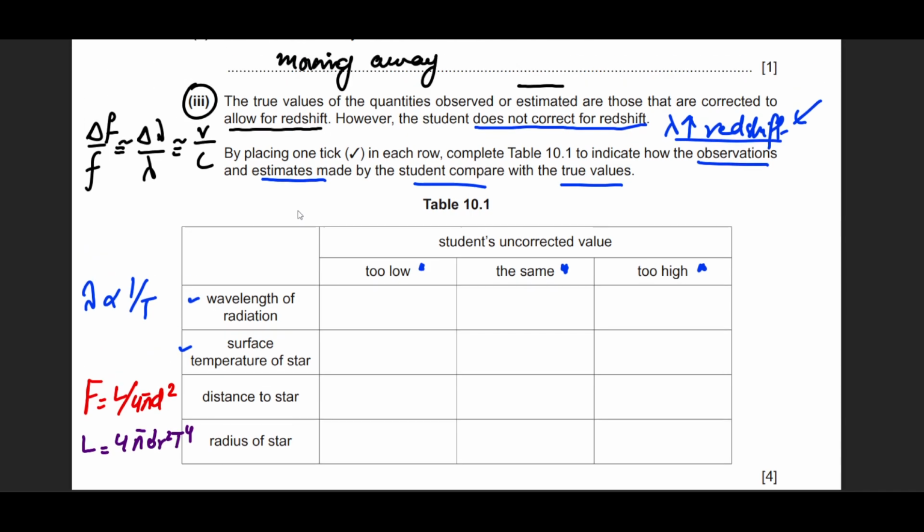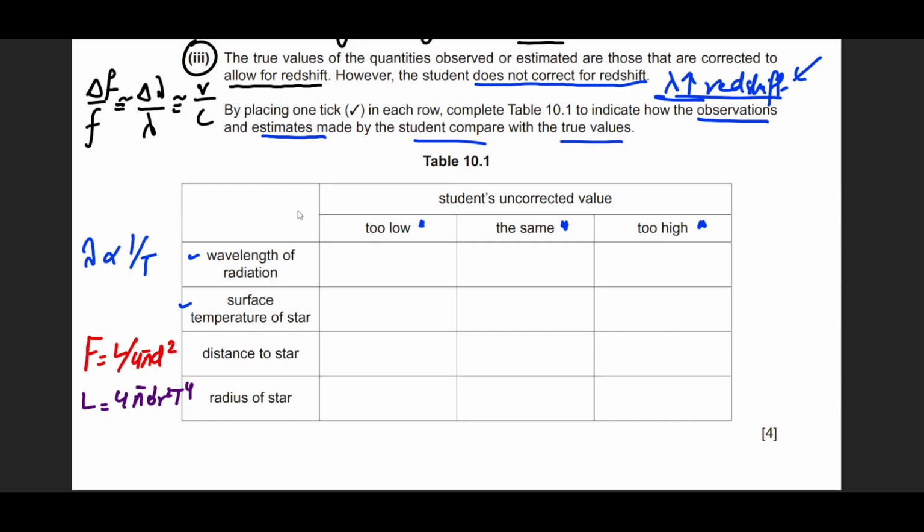First we need to understand that because of the redshift, lambda is going to increase. So lambda, the wavelength, will be too high because of the redshift. If the wavelength is estimated to be too high, then the temperature will be too low, lower than expected. So that's why we are choosing too low.